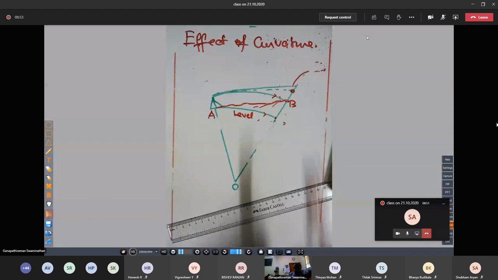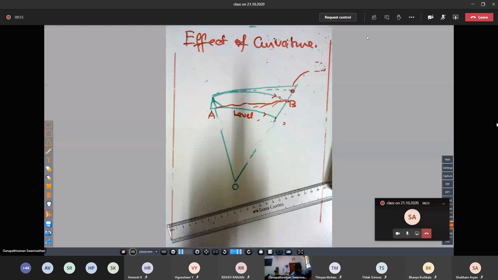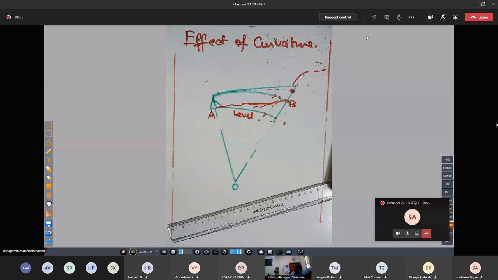Then this is what is called the refraction. For example, you are standing on the seashore and you are seeing a ship approaching toward the shore. What is the first point that is visible?